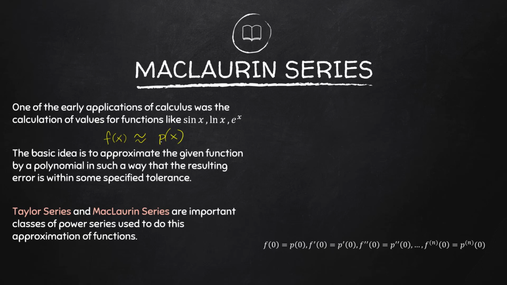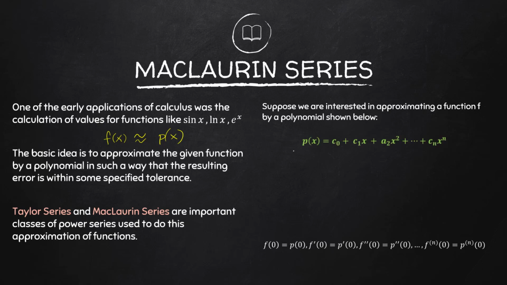Taylor series and Maclaurin series are important classes of power series used to do this approximation of functions. Suppose we are interested in approximating a function f by a polynomial shown below.